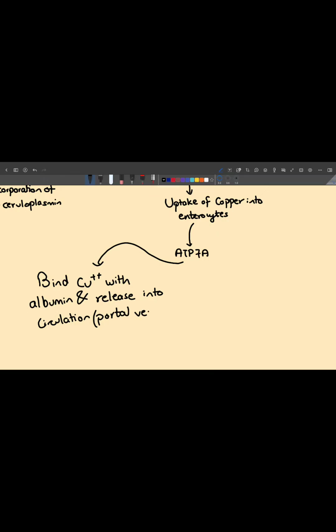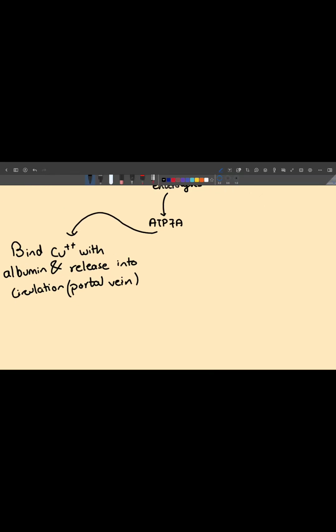If you ask why, it's because the portal vein brings all the nutrients absorbed from the small intestine to the liver first, and only then is it distributed systemically as required.